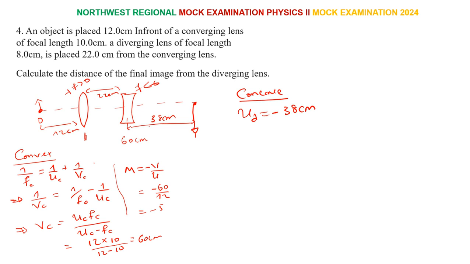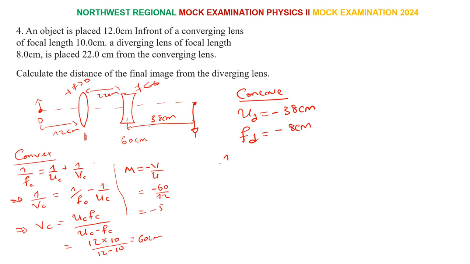We also get that the focal length of the diverging lens is, sorry, 8 centimeters. I said that the focal length of the diverging lens is negative, so I'm going to use -8 centimeters.